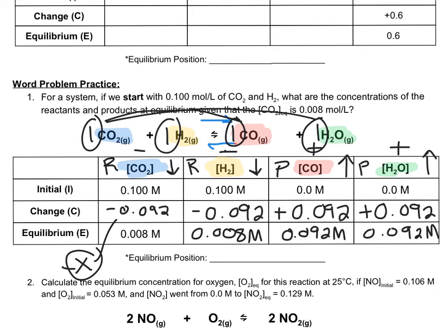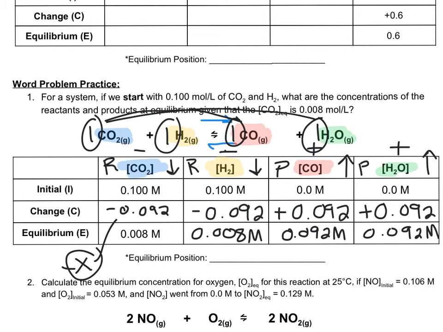If one of these values right here had been a 2 or a 3 or anything, then these values would have just been multiplied by that value. Let's say, for example, that instead of a 1 here, I had a 2. Then for that particular reactant, I would have just taken this and multiplied it by 2. Like I said, that was not the case for this one, but if it were, I would have just said, oh, okay, times 2.